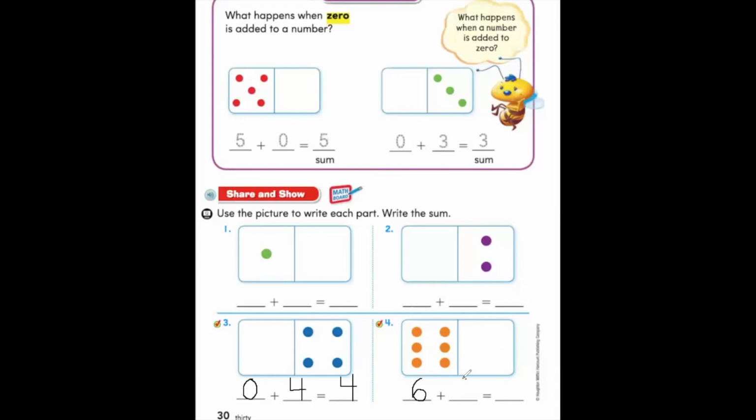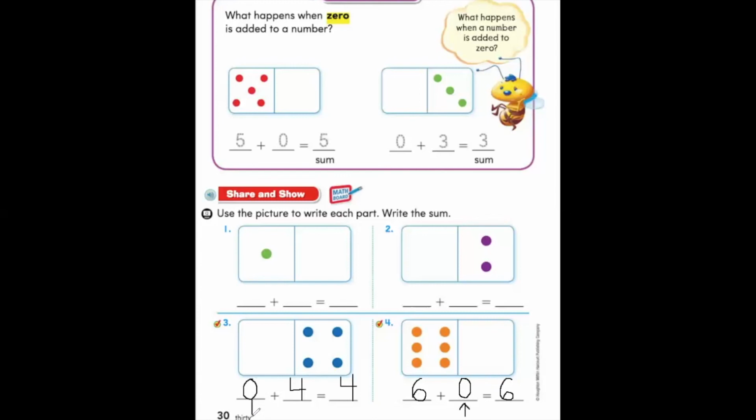So you should have 0 on the next line of your addition sentence. Now it says 6 plus 0 equals 6. The 0 does not change the sum, even if it's the second number, like this, or if it's the first number, like this.